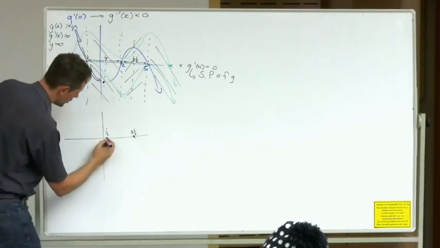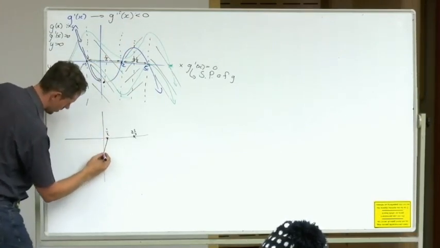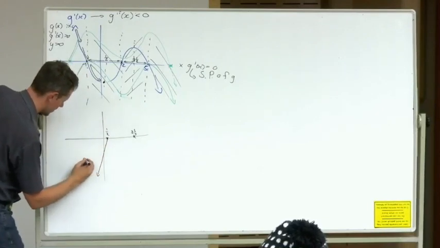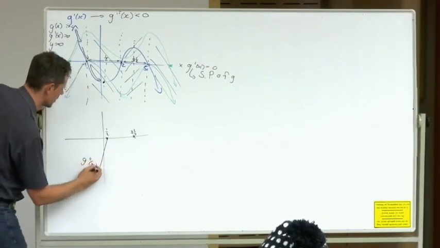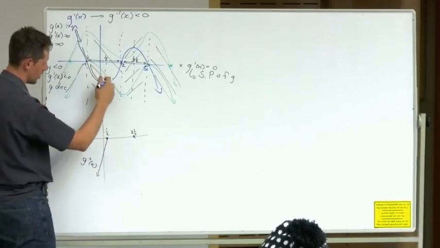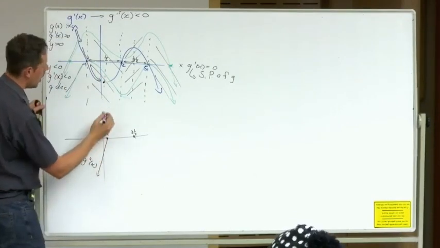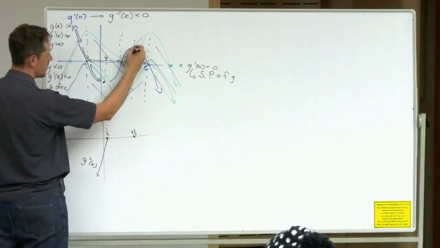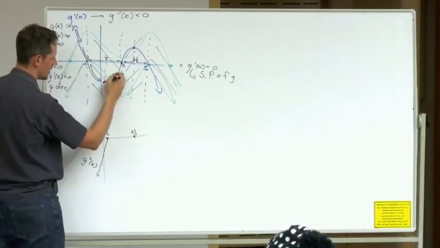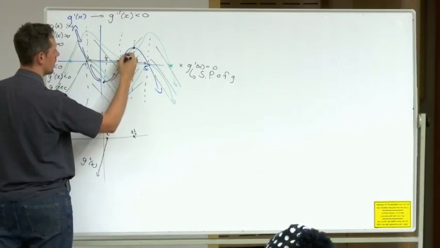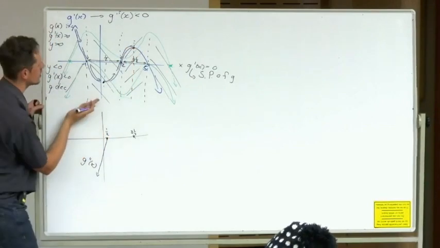So g''(x) is smaller than 0. But from here to there, my g'(x) graph is increasing.